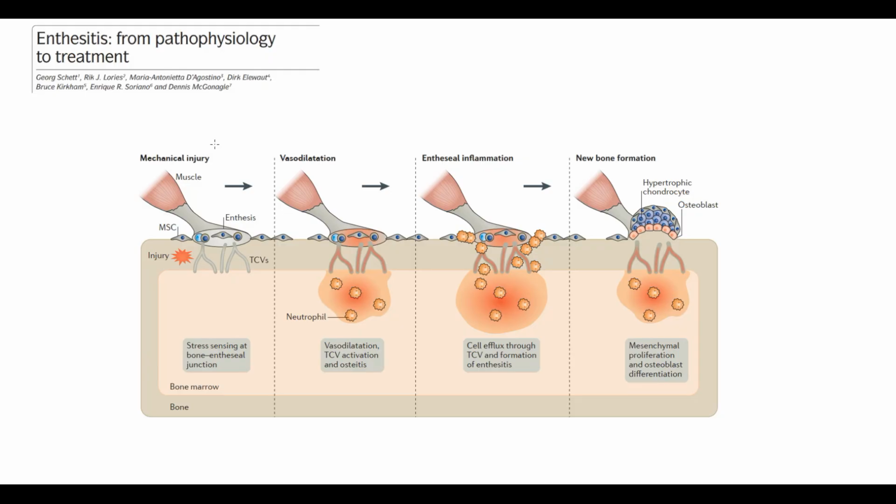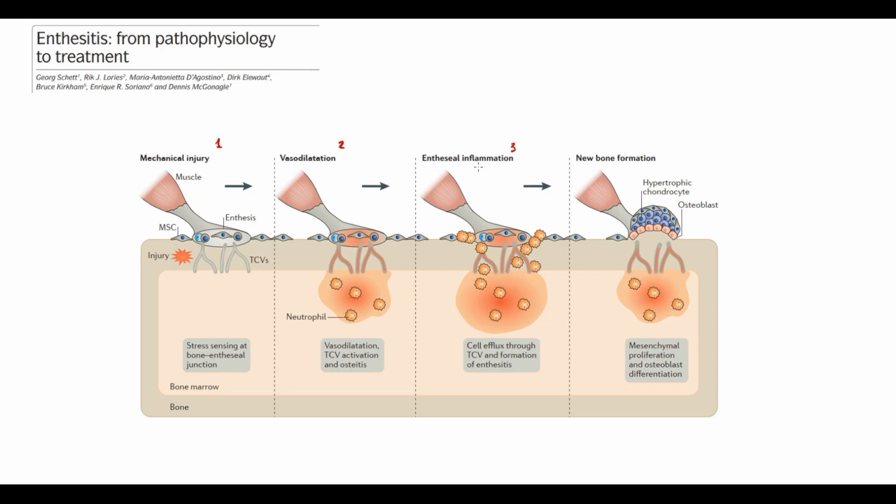On this image, we can see the pathogenesis of enthesitis. At first stage, mechanical injury or autoimmune-mediated injury causes inflammation. Inflammation leads to vasodilation. With vasodilation, proinflammatory cells come to the site of injury, where by the release of proinflammatory cytokines, they activate osteoclasts.